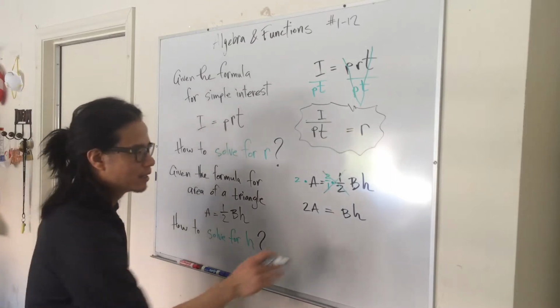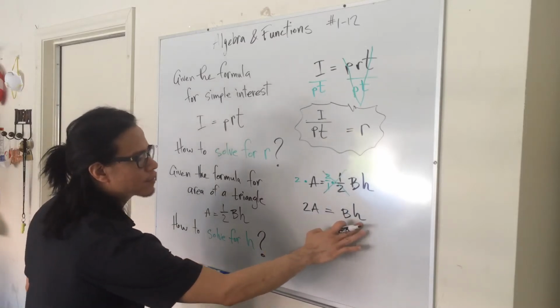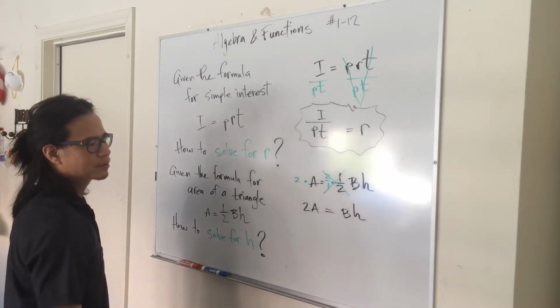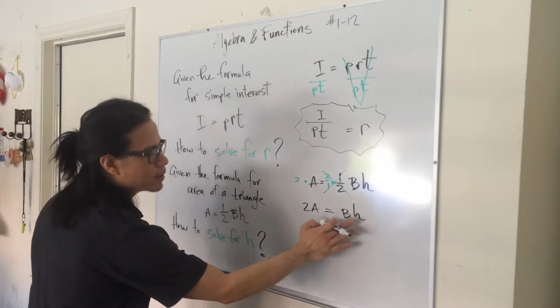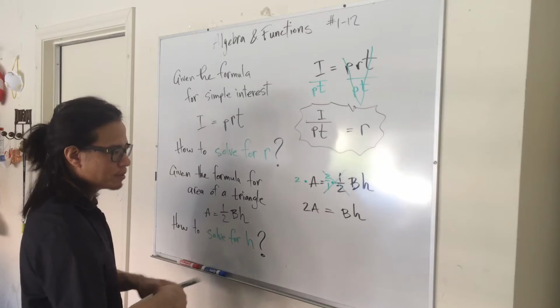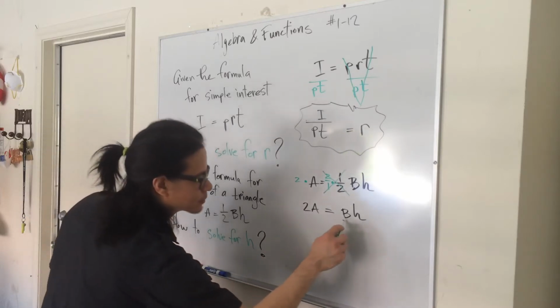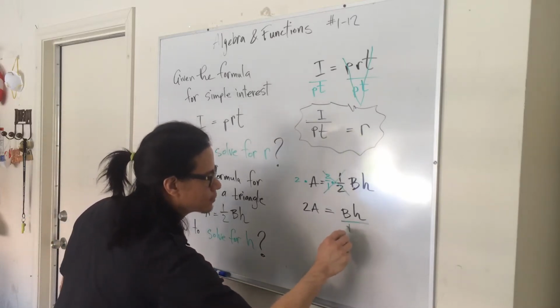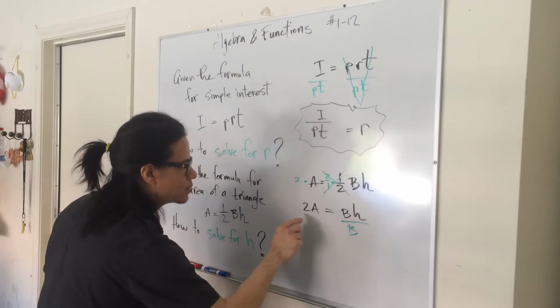We're getting there. Okay, so let's get rid of the base. Currently you have h times base. What is the opposite of times base? If you say divide base, you are correct.